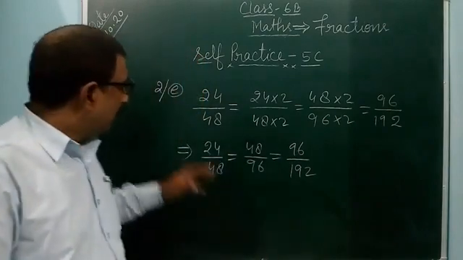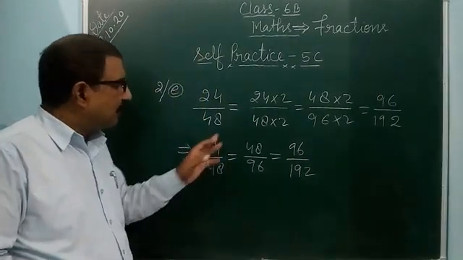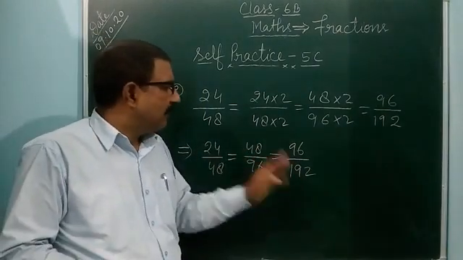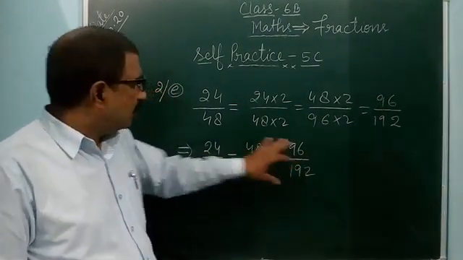So in this way you can say 24 by 48 is equal to 48 by 96 is equal to 96 by 192. All three are the same.